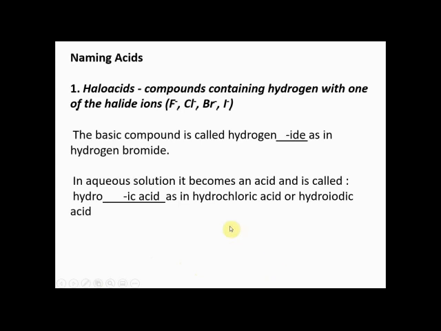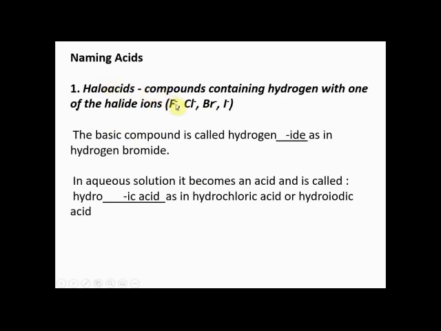Acids, there's a couple of different groups of acids. We have, first of all, the haloacids, and this is where we combine hydrogen with one of the halogens and then dissolve it in water. Remember, acids always have to be dissolved in water, and so the (aq) symbol always has to be there to indicate the acid. So the basic compound is just hydrogen and one of the halogens, so hydrogen and fluorine as an example.